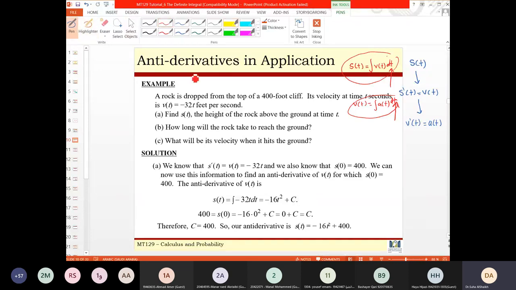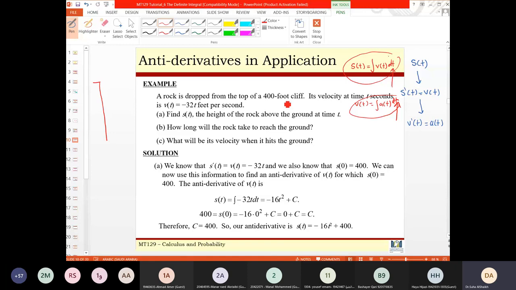Now here we have a rock that is dropped from the top of a 400-foot cliff. So I have a rock and I'm dropping it down there, and it is a 400-foot cliff. So the height here is 400, the height from up to down is 400. The time is denoted by t, and this is the velocity, they gave me the velocity as you can see.